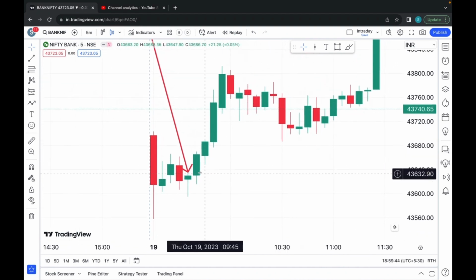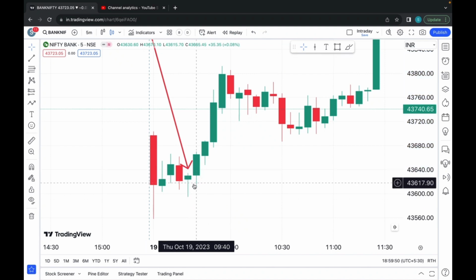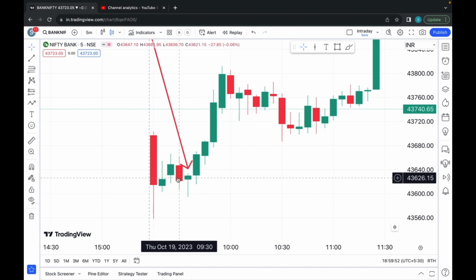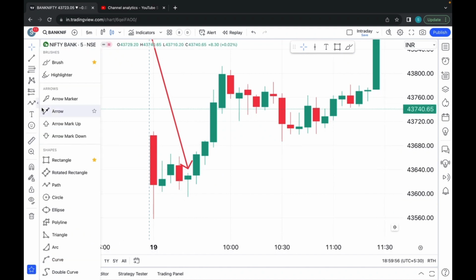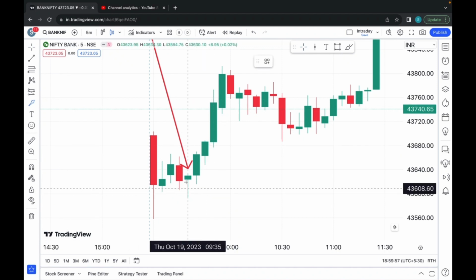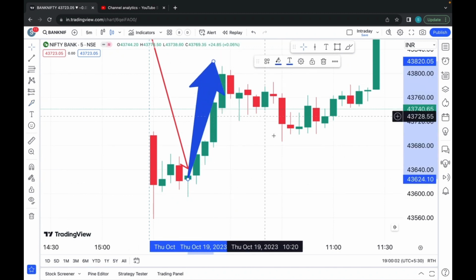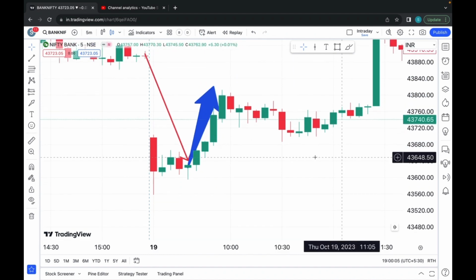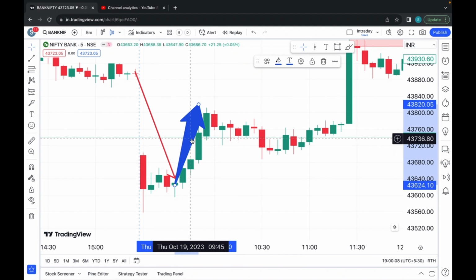Yeah, you see it has got a very little upper shadow, and it has got a wick which is more than 2 to 3 times of the real body, and it is coming after a downtrend, and that helped prices move in the upward direction. You can see an immediate uptrend after that, right?